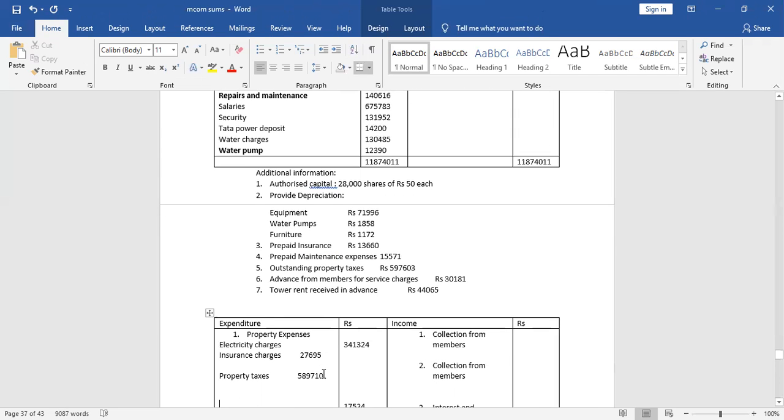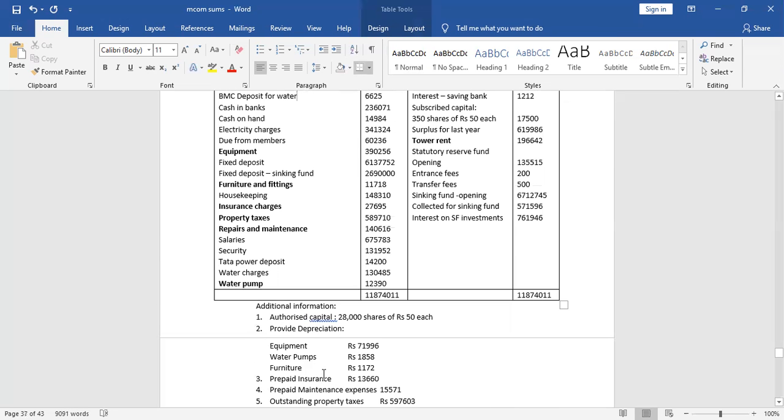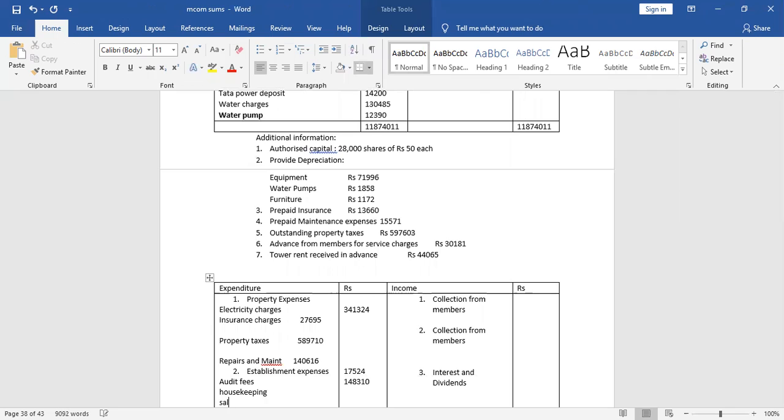Repairs and maintenance 1,46,116. This is also having an adjustment. So after leaving one line, repairs and maintenance, the amount is 1,46,116. Salaries is establishment, 6,75,783. So we'll write salaries, this will come a little down.